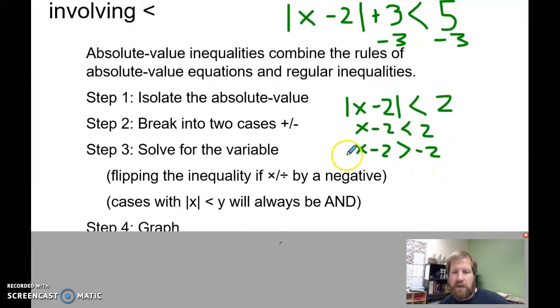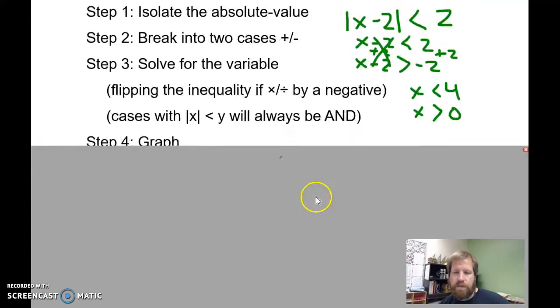All right, got my two cases. These aren't isolated variables though, so now I've got to isolate my variable. I'm going to add 2 to both sides. These cancel. 2 plus 2 is 4, so x is less than 4. Negative 2 plus 2 is 0, so x is greater than 0.